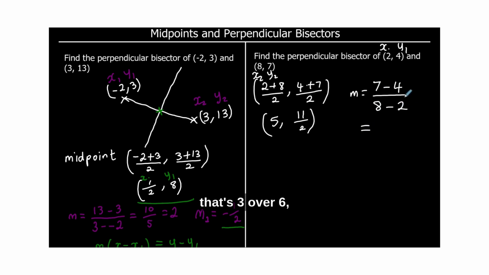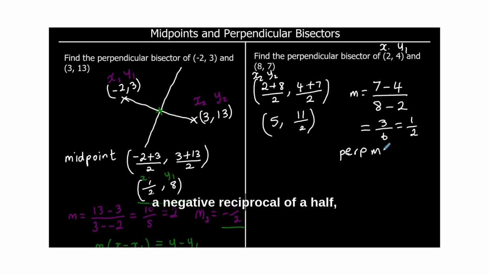So that's 3 over 6, which is a half. So the perpendicular gradient is a negative reciprocal of a half, which is negative 2. Flip a minus.